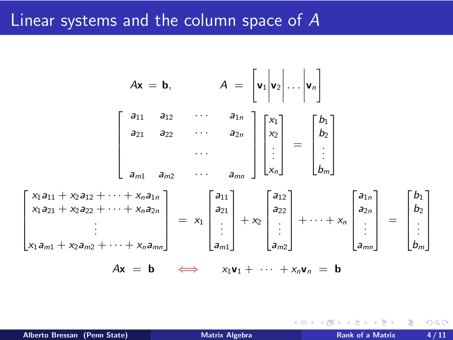Okay, now we can view the solution of a linear system in the following way. If I want to solve Ax = b, then this is equivalent to the following problem. Given the columns v1, v2 to vn, and given the vector b, I want to find a linear combination of all these v vectors such that they add up to b.